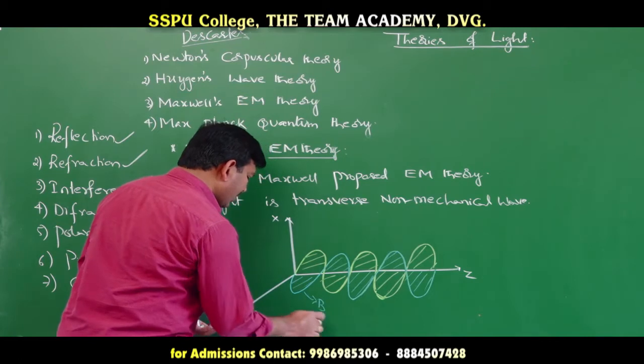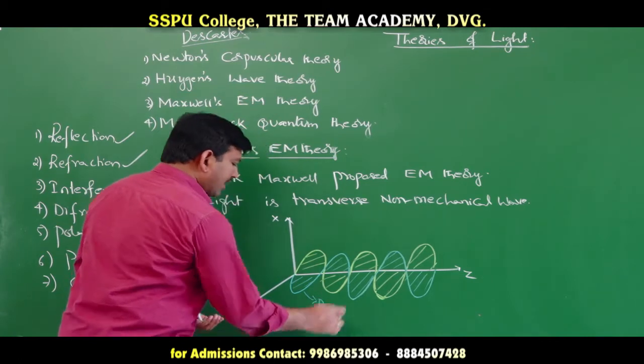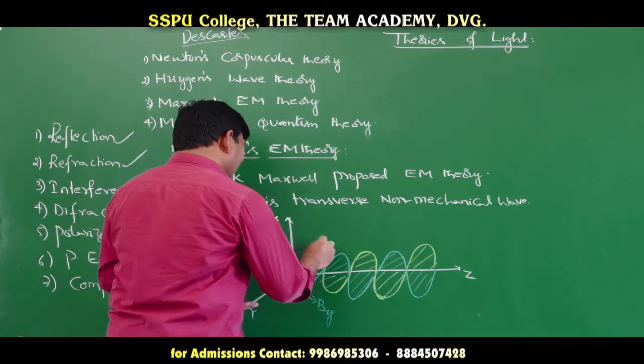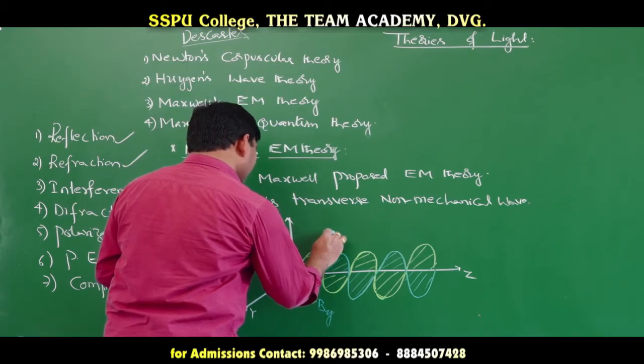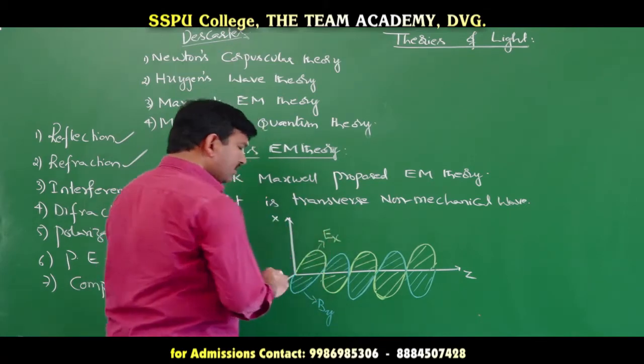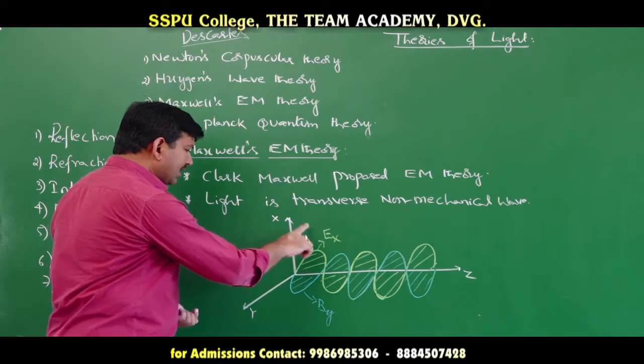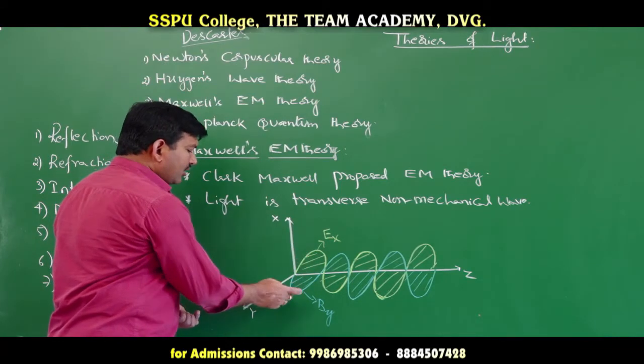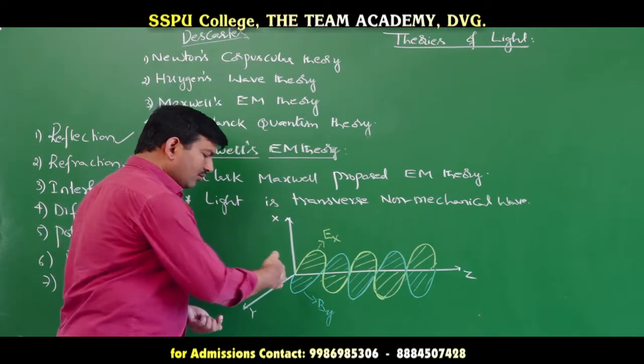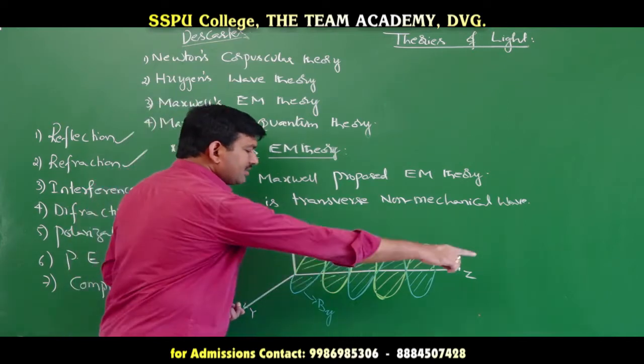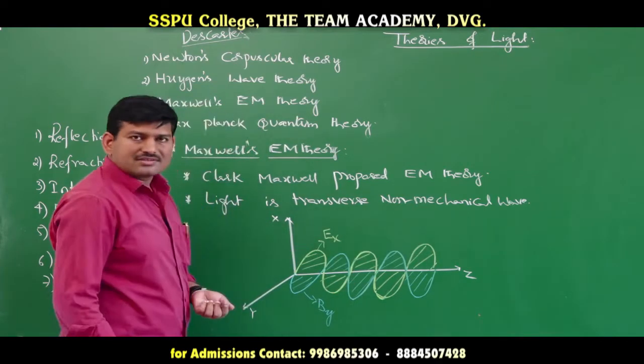This is the magnetic wave, which is along the YZ plane, and this is the electrical wave along the XZ plane. So, the oscillations of the electrical wave are along the x axis, the oscillations of the magnetic wave are along the y axis, and the wave is propagating along the z axis.